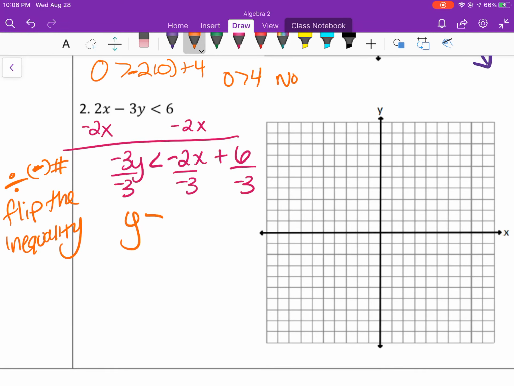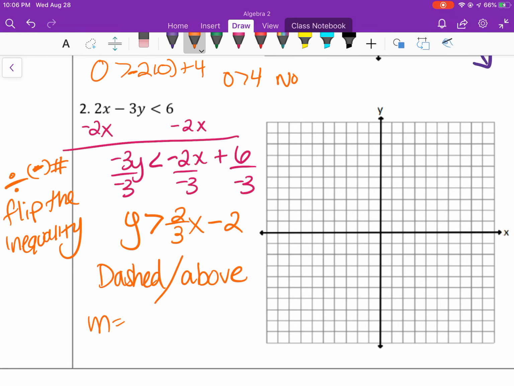So we got y is greater than, and then negative over negative is going to be positive 2/3 x, and then minus 2 if I reduce those fractions if I can. So this time I have a dashed line again, and I should be shading above because it's y is greater than that line. I have a slope of 2/3 and I have a y-intercept of negative 2.